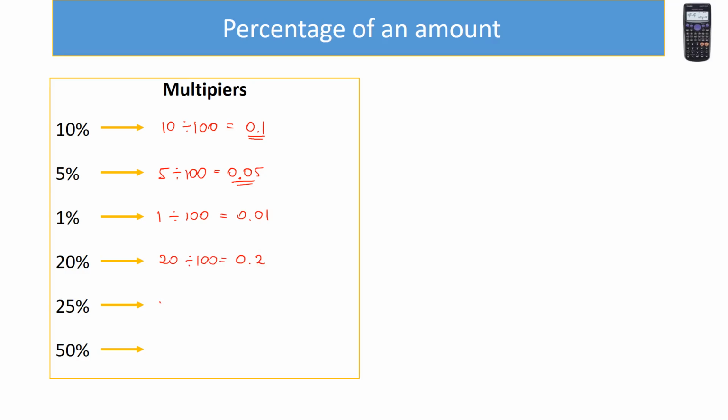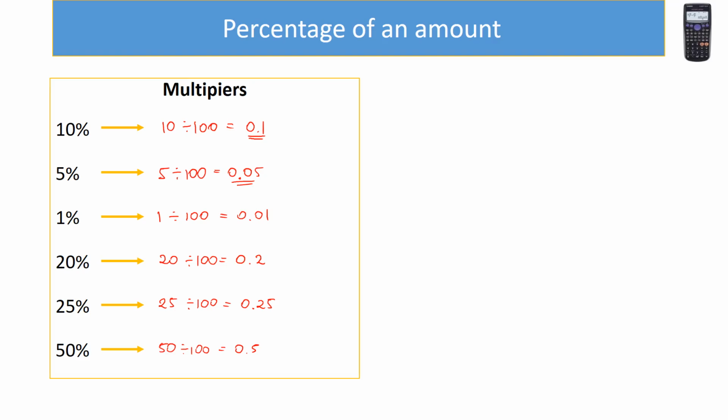To work out 25%, that is divided by 100, and that is 0.25, and to work out 50%, we need 0.5. And obviously you can do that with any type of percentage. If you need 32%, you need to divide 32% by 100 to get a decimal.